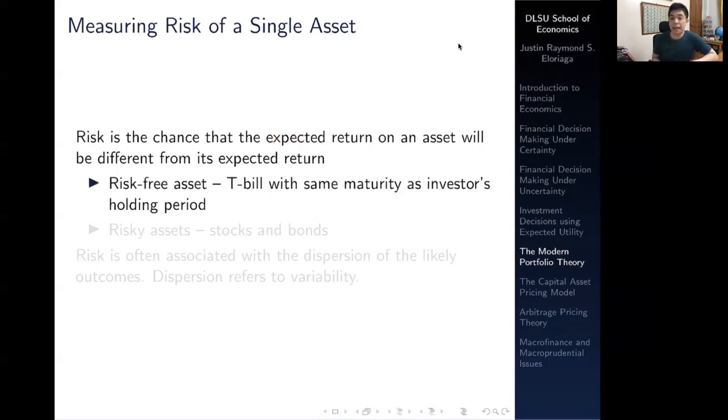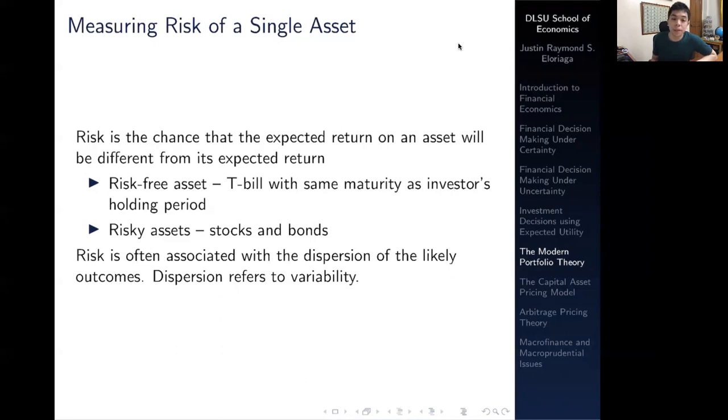We have a risk-free asset, which by the name itself has effectively zero risk, and typical examples are T-bills with maturity matching the investor's holding period. And we also have risky assets like stocks and certain corporate bonds. These are often riskier investments. Mutual funds could also be risky assets and so on.